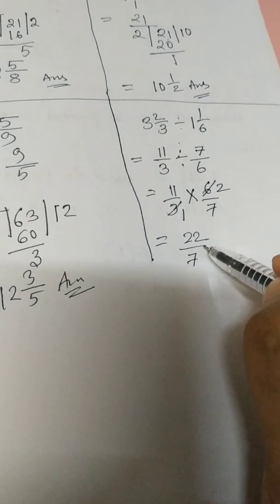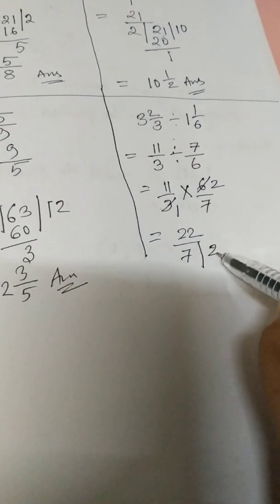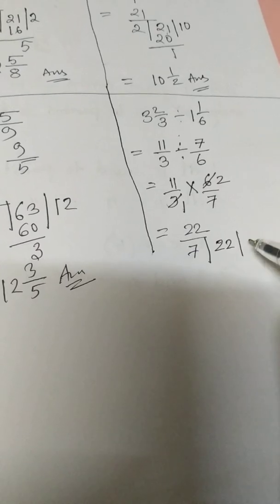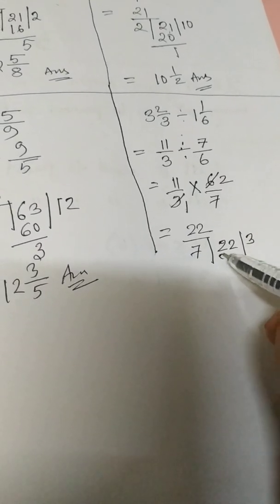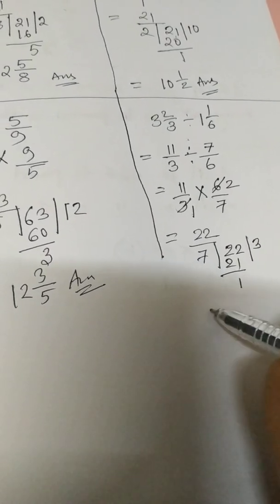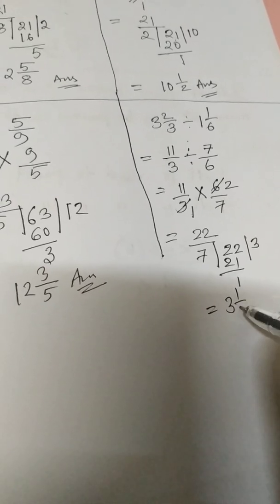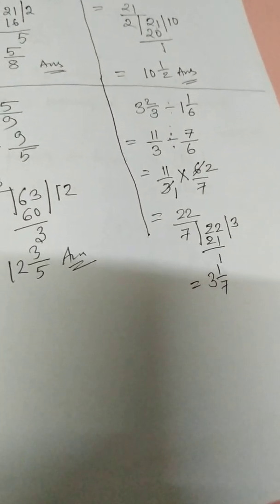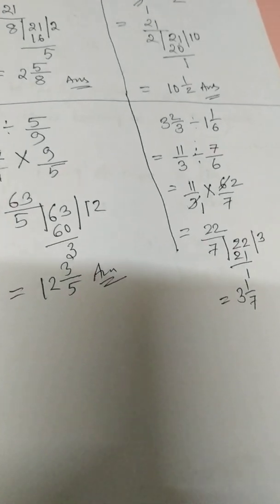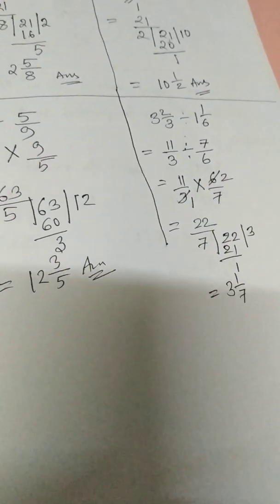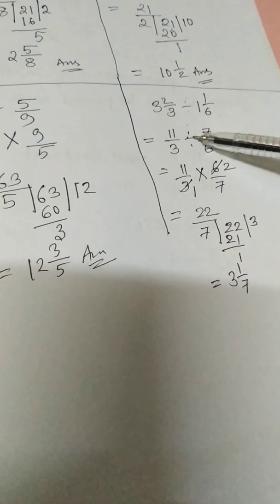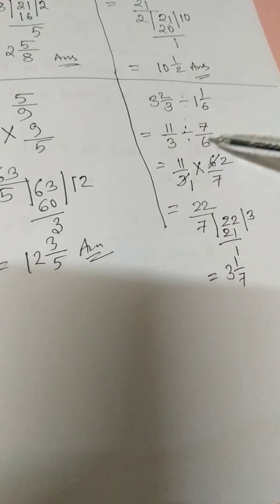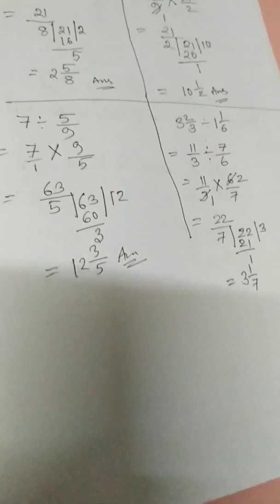Now last but not the least, we convert this into a mixed fraction. 7 3s are 21, so 3 1 by 7. Okay, so this is very simple. The only thing which you need to do, which is different from multiplication, is converting this sign to multiply sign and interchanging the position. That's it.